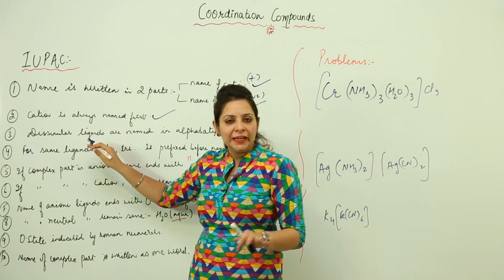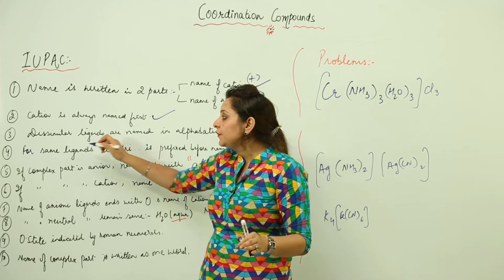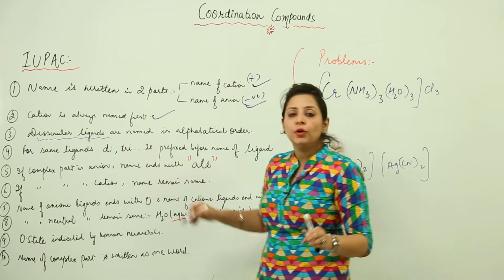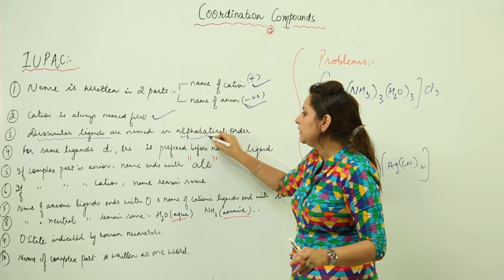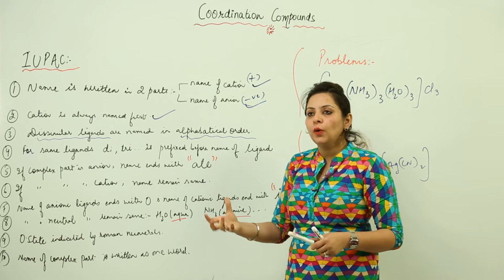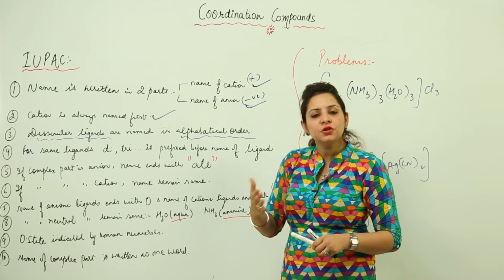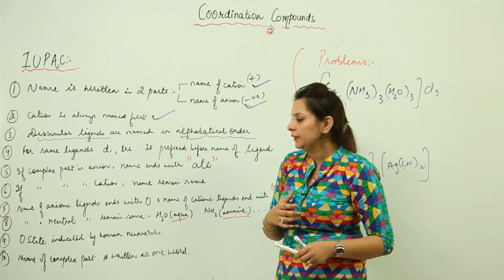Then we have ligands there, right? Ligands can be similar, can be dissimilar. But if the ligands are dissimilar, you just name them in the alphabetical order. For example, you have amine, you have aqua, you have ethane-1,2-diamine. So just use the alphabetical order in writing the names.